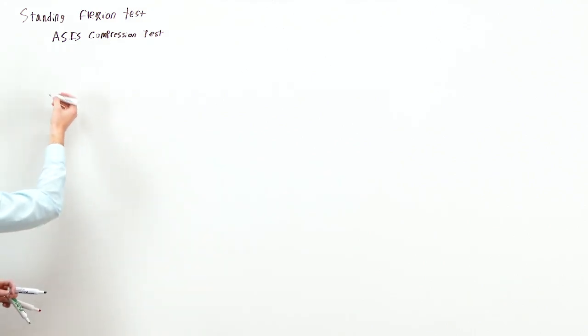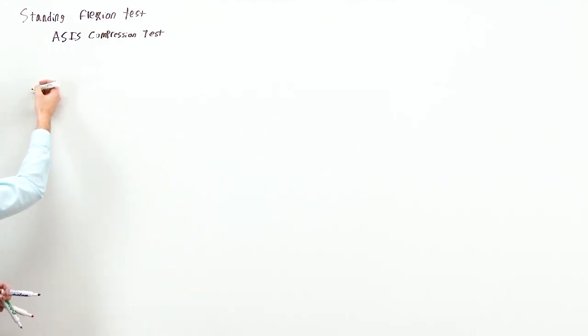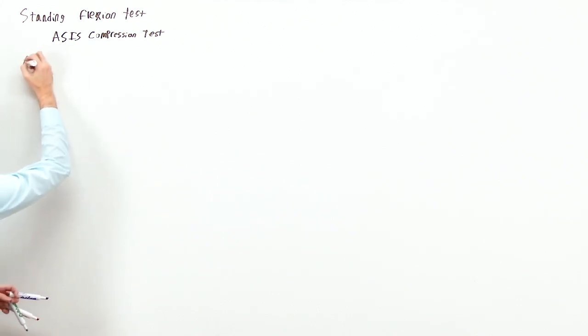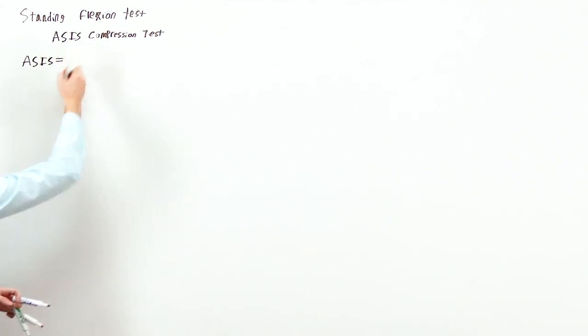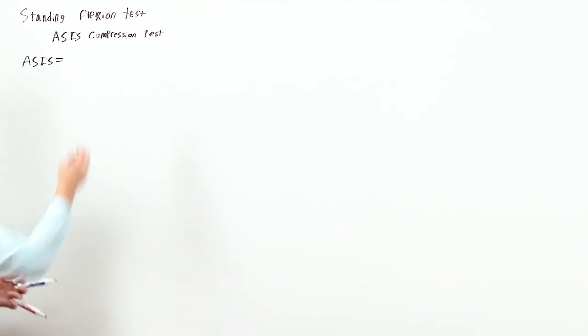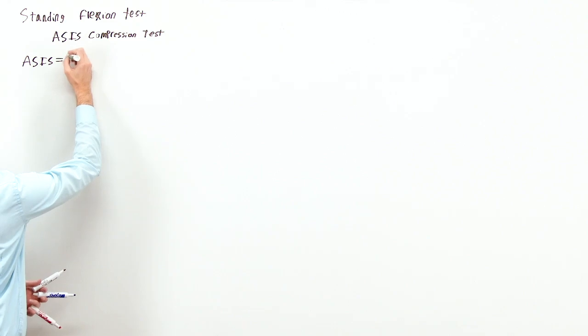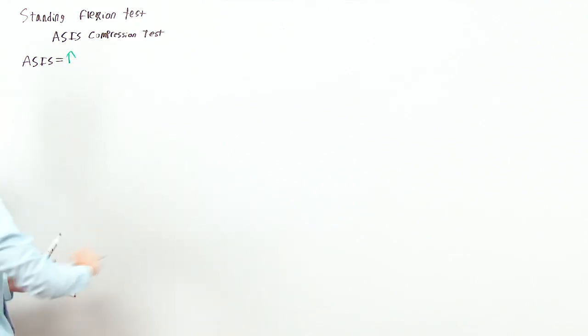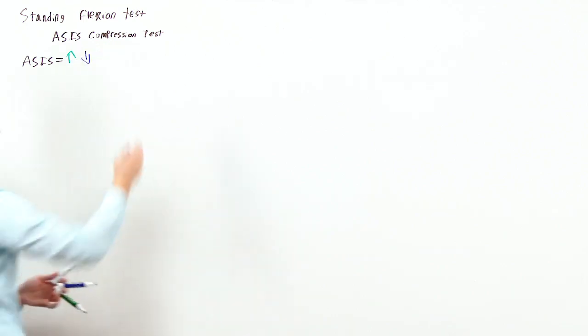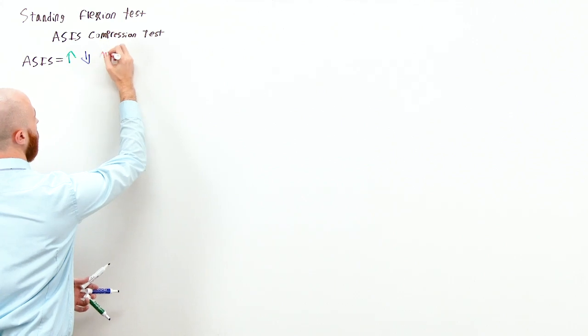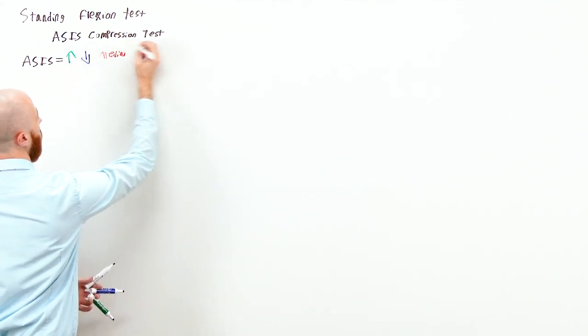So then back to landmark anatomy for what you need to make the diagnosis. You have the ASIS, and there are 4 different findings that you can have for the ASIS. It can either be superior, it can be inferior, or it can be medial or lateral.